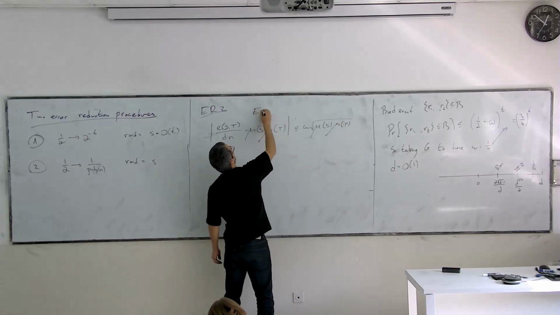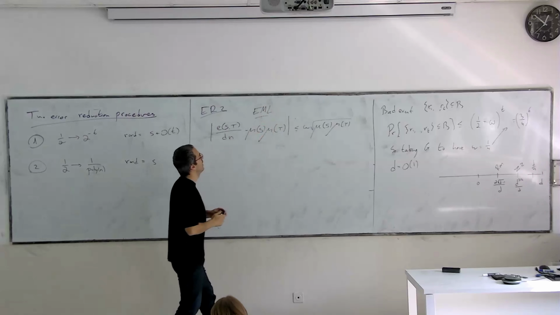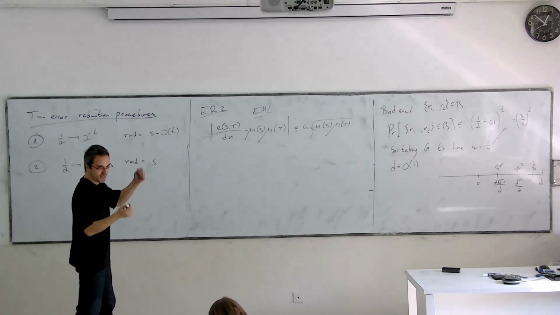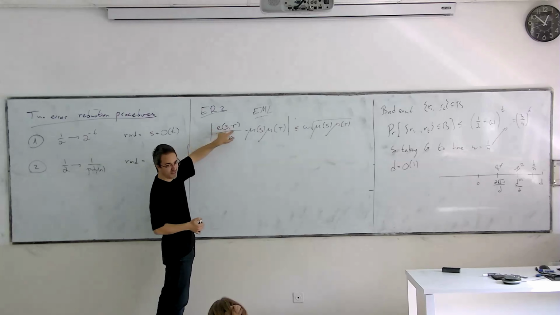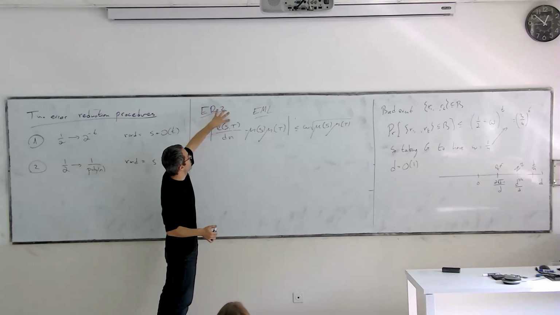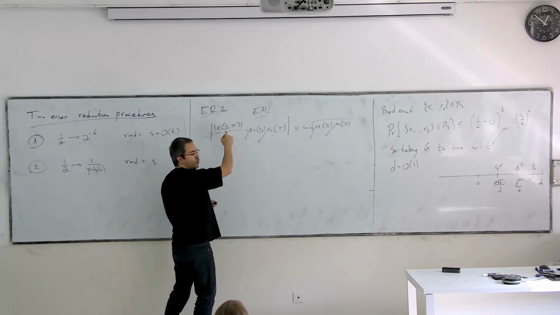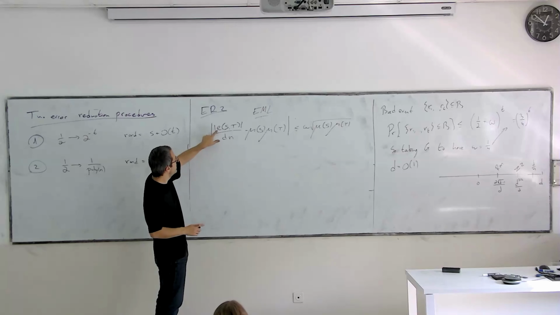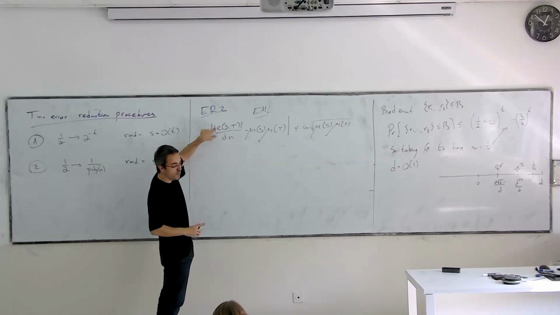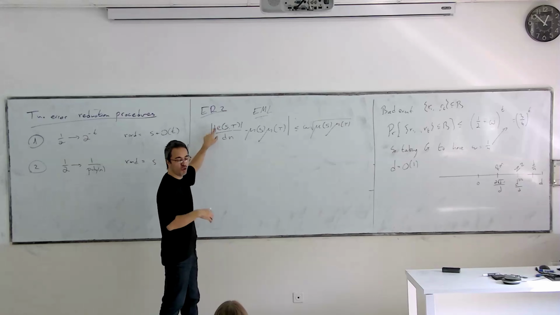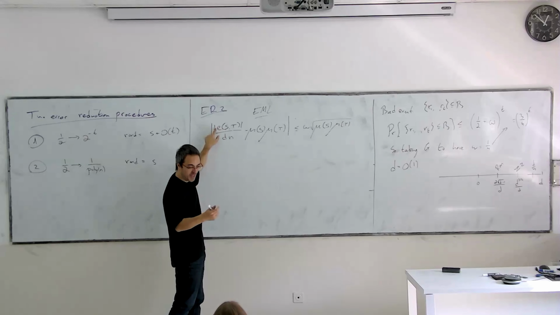This is the expander mixing lemma. It tells you that if you have any two sets S and T of vertices in an expander, then the number of edges going between them is what it should be. Not only what it should be.